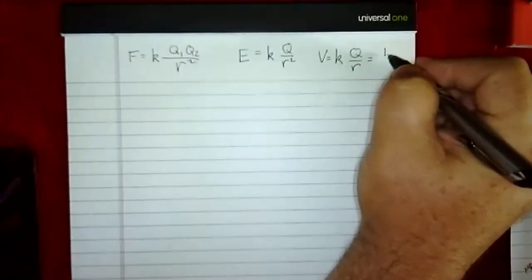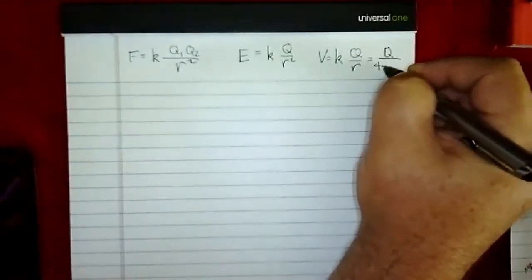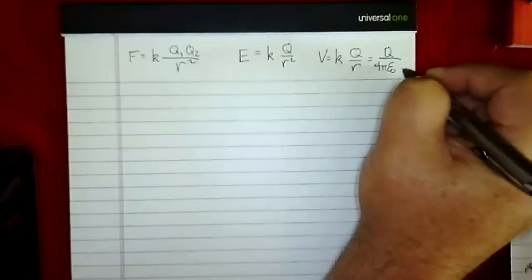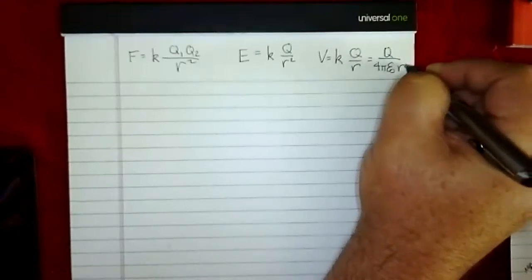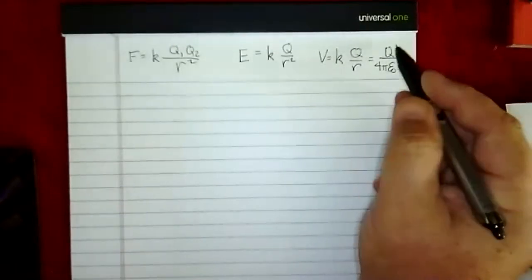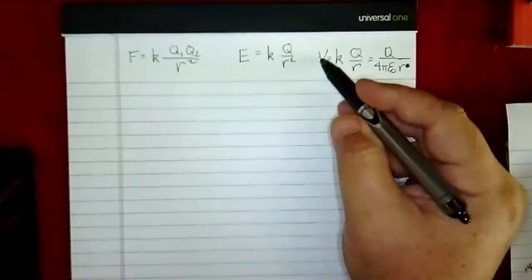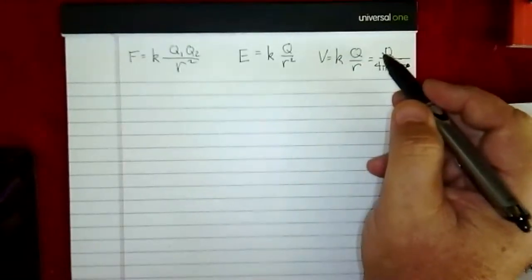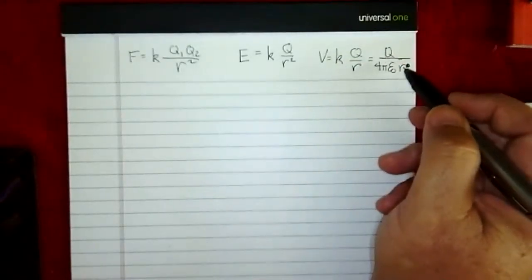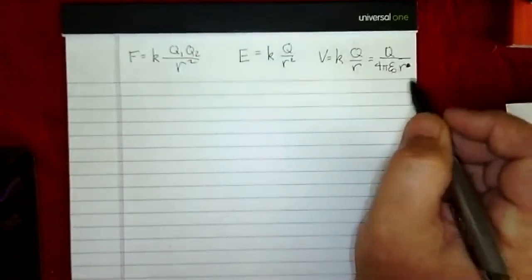In other words, we're going to use Q over 4 pi epsilon naught R. Sorry, I misread R squared there. So that's the new formula we're using. The voltage due to charge Q at a distance R away from Q is Q over 4 pi epsilon naught R.